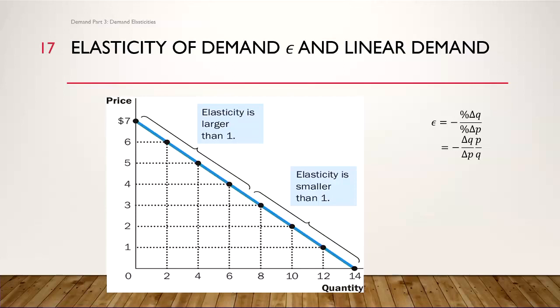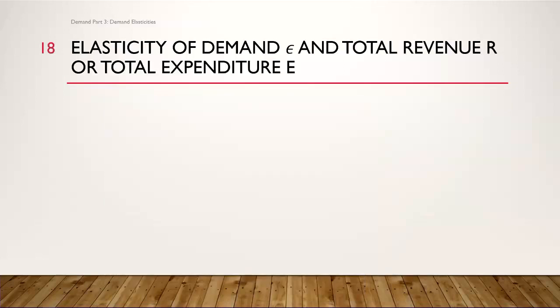Then it hits 1, that's unit elastic, and then becomes greater than 1, that's elastic, and then as we go off to the vertical intercept, it goes off to infinity. So that's the idea for a linear demand curve. The elasticity changes as you move along the demand curve. You can do a few examples if you like for a linear demand curve.